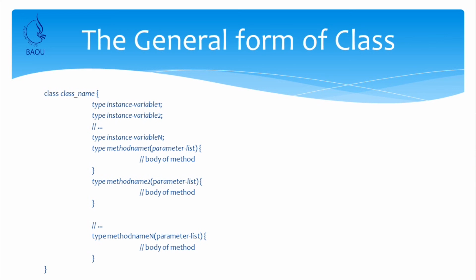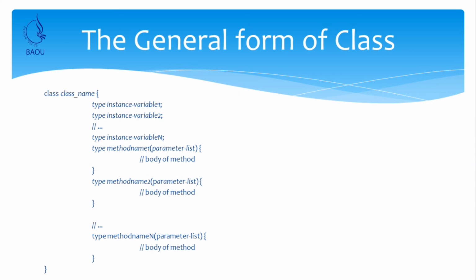Now, on screen you can see the general form of a class. Any class has a name. So, class definition starts with keyword class and then class name, and inside curly braces we define the body of class. Now, each class consists of two things. One is called instance variable and another is called method of the class.